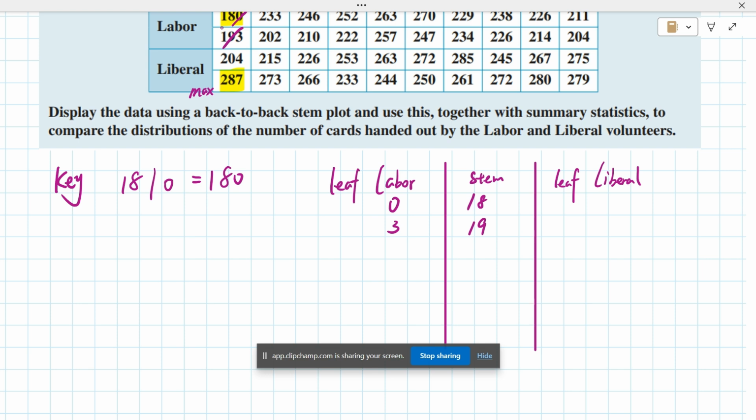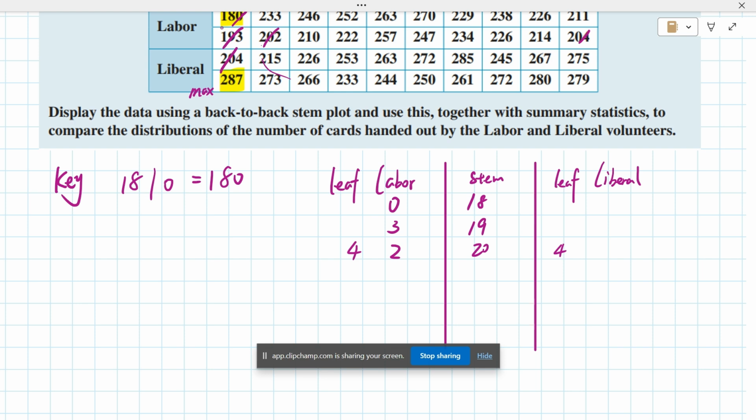And we have 200s, so 202 and 204. So we cross 202, 204, and we have 204 and cross that.